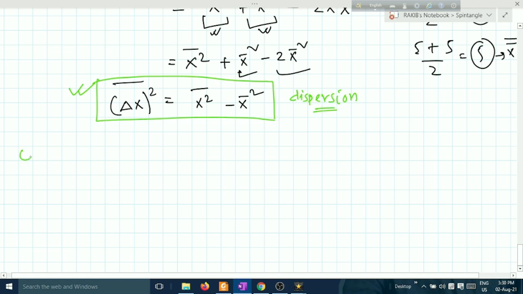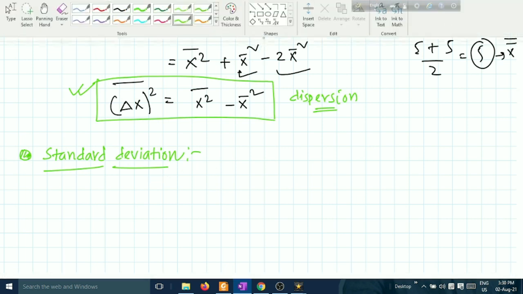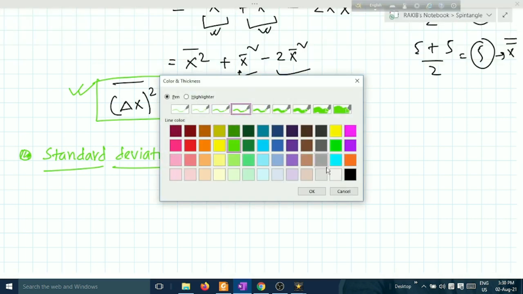Now the last and the most important topic is standard deviation. Standard deviation is given by sigma, nothing but a terminology.